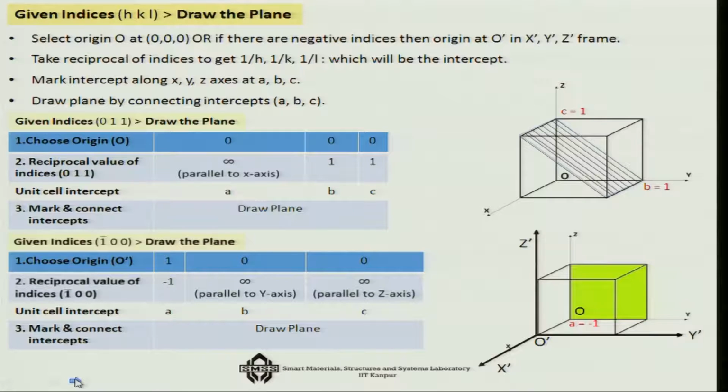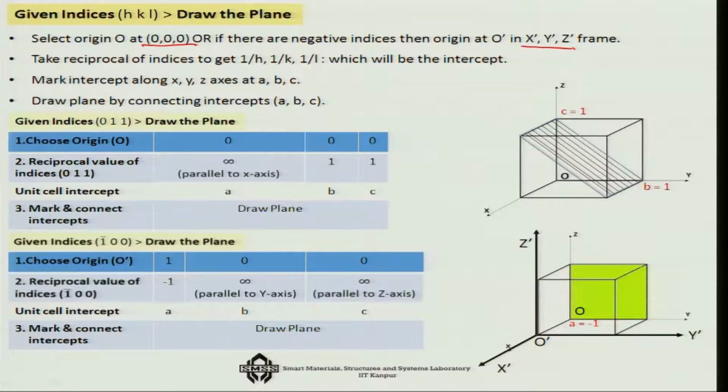Now, given indices, let us try to draw the plane, the other way round. So far we have seen that if I give you a plane, what is the index? Now, if I give you the index, what is the plane? So, select the origin at 0, 0, 0, or if there are negative indices, then select the origin at x bar, y bar, z bar, as we have just discussed.